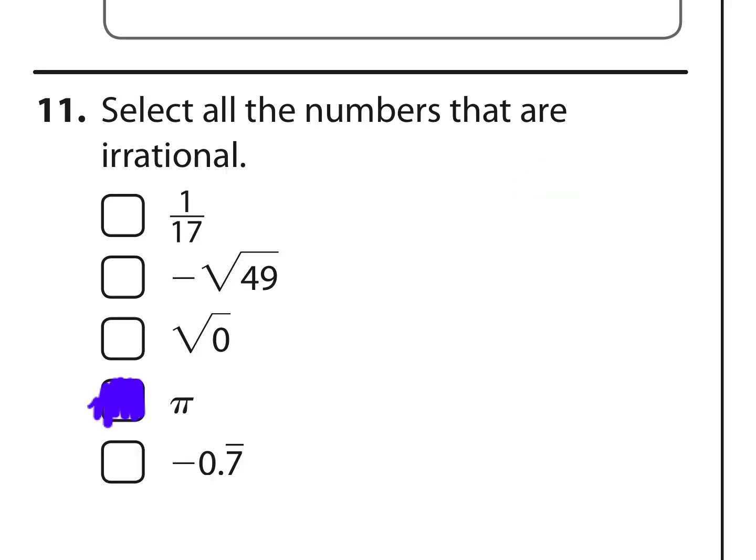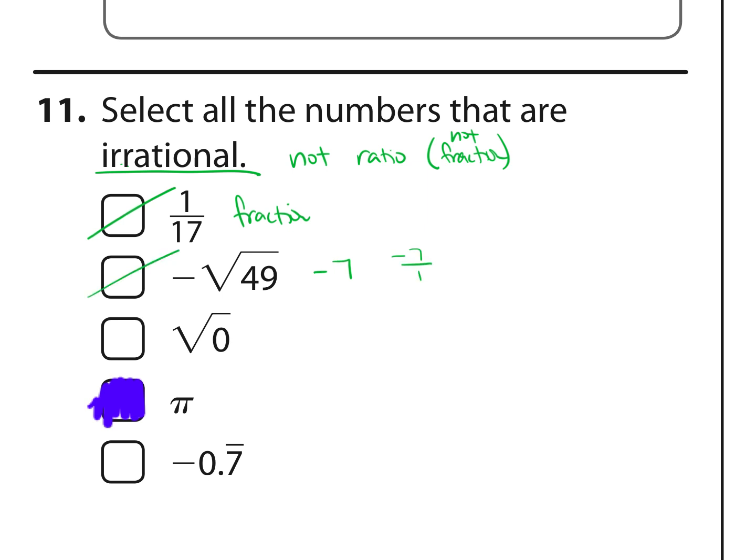Number 11 asks which ones are not rational, not ratio. Can't be written as a fraction, so not a fraction. Okay, well, this one's a fraction, the first choice. We're looking for not a fraction. This one is a negative square root of 49 is 7, which we could write as -7/1.